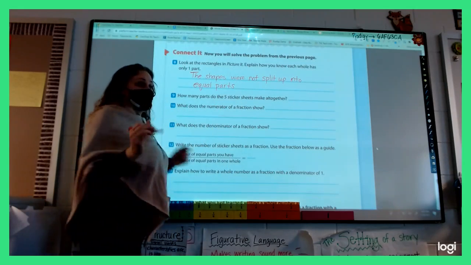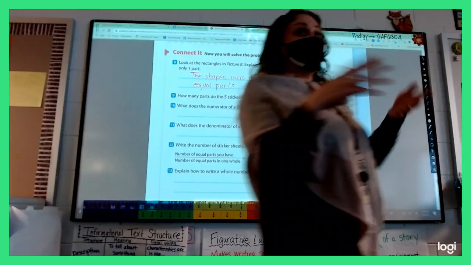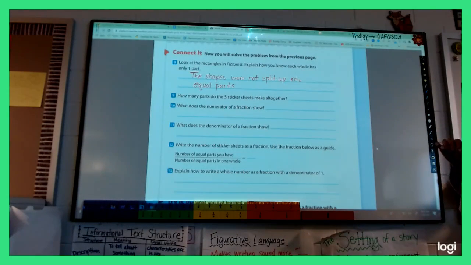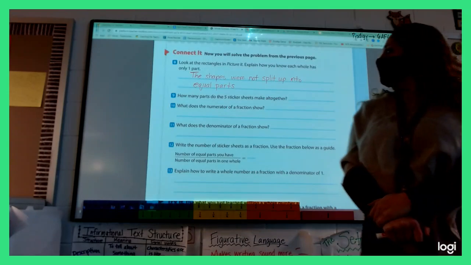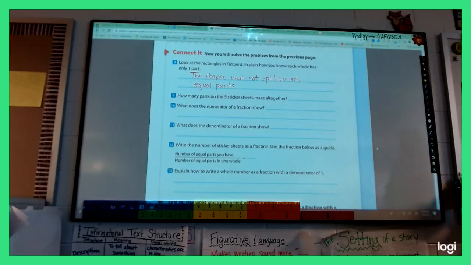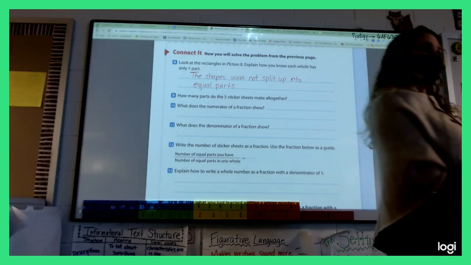So if we don't split something into 2 pieces, then we have to say it's 1 piece. Give you about 10 more seconds to finish writing that down. If you have finished it, go ahead, pre-read number 9 and start thinking about your answer.